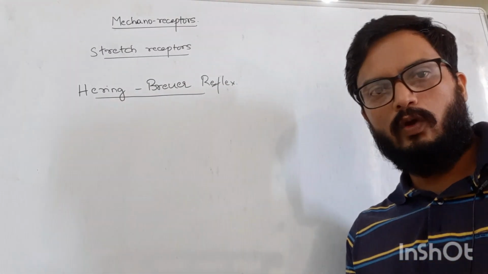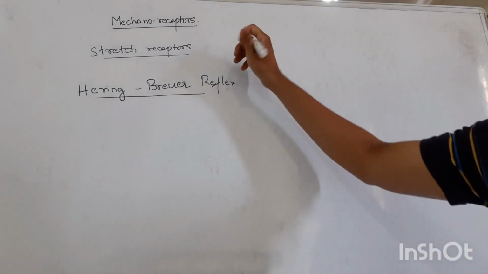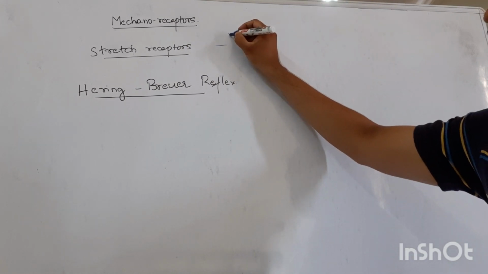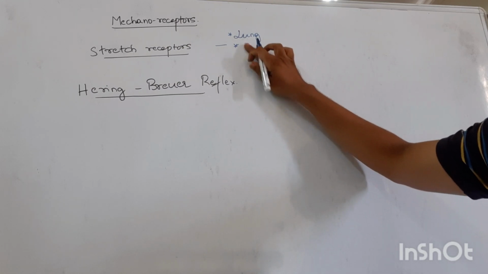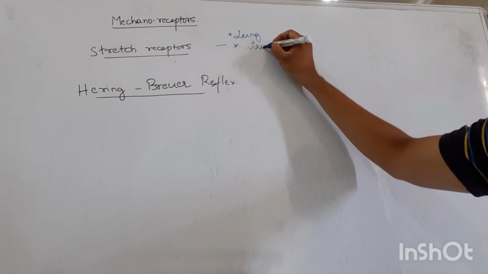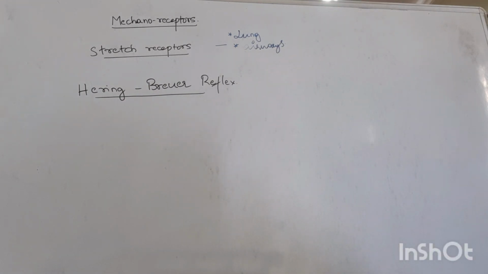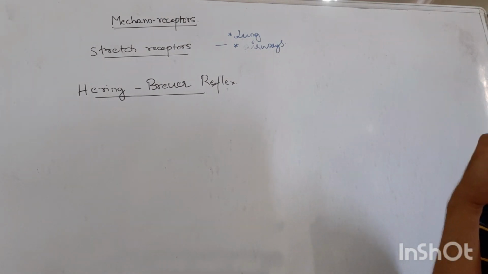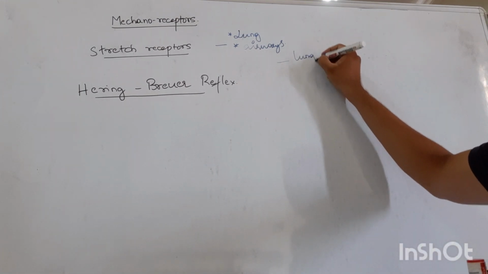Now, we will see the role of the stretch receptors. The stretch receptors are present in the lung parenchyma, and also near the smooth muscles of the airways, especially in the bronchioles. These get stimulated whenever the lung is expanded.